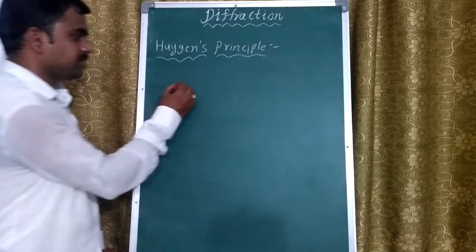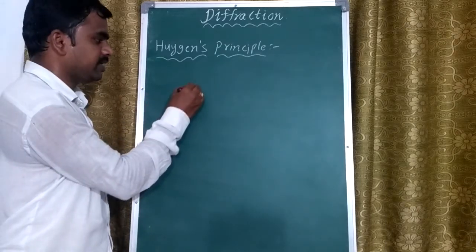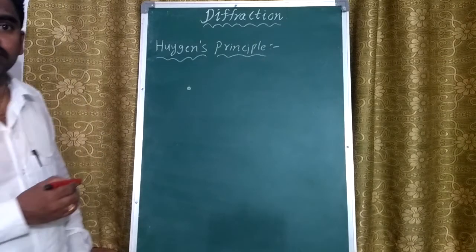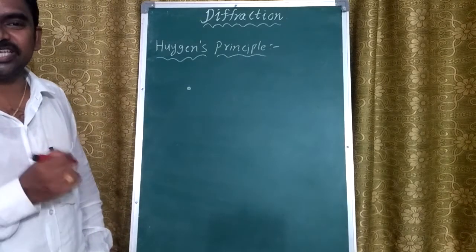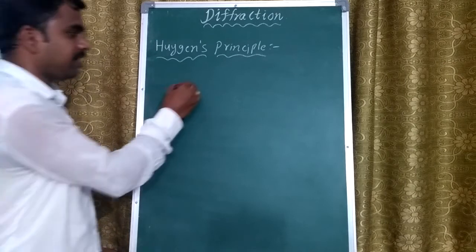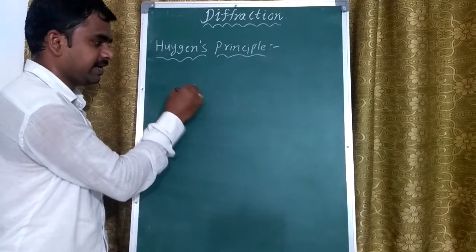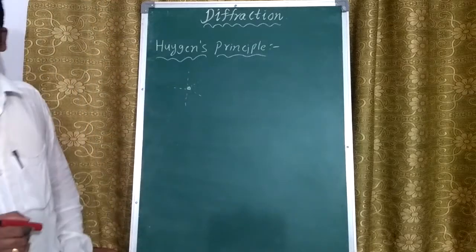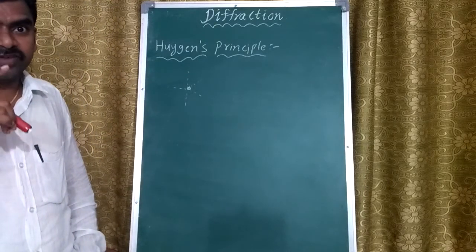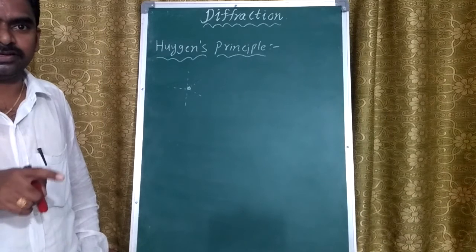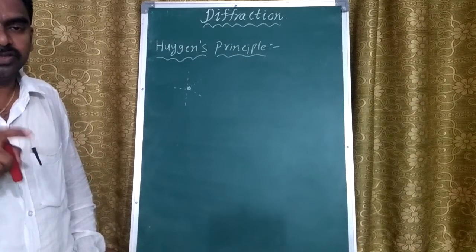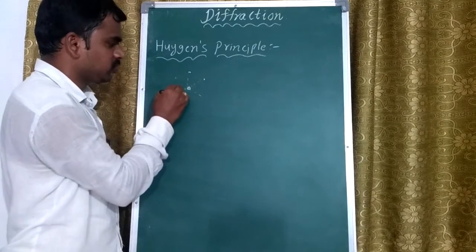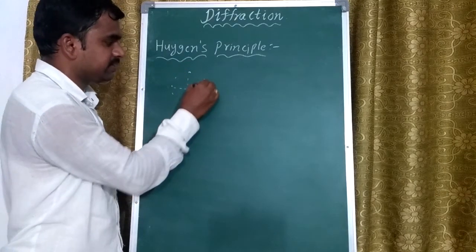The wavefront is, for example, if we take this one as a source. From this source, the light is emitting particles in all the directions, with the same velocity. That means after time t seconds, if we observe those positions, they have traveled an equal distance from the center.